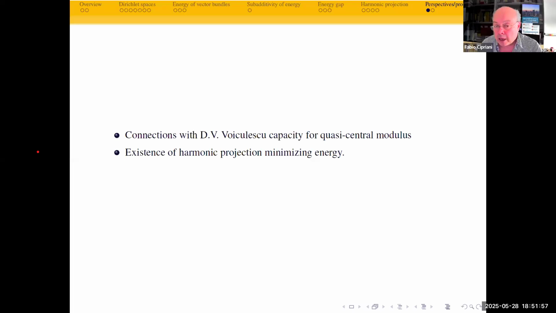This would be a natural setting in which the name energy could really mean the energy of a quantum system. The quantum Hall effect, yes? Yes. Okay, thank you.